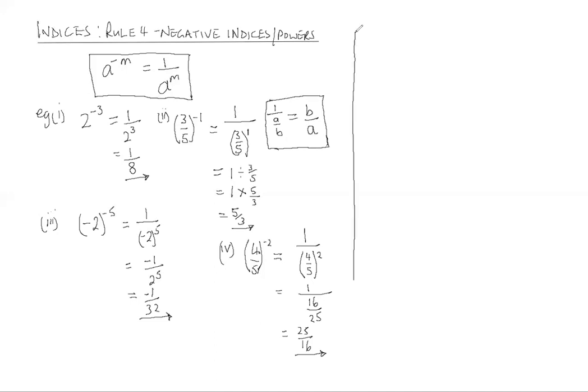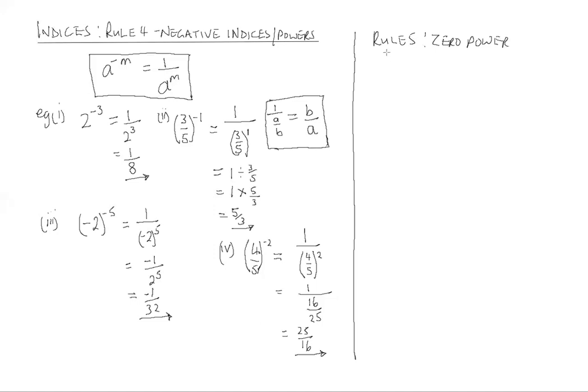Now the last rule is a very simple rule, which is our rule number 5. So rule number 5 is the 0 power, or 0 index.